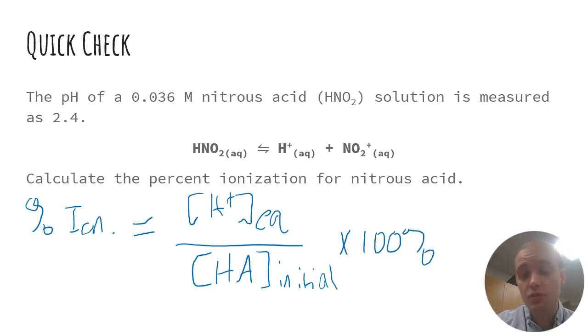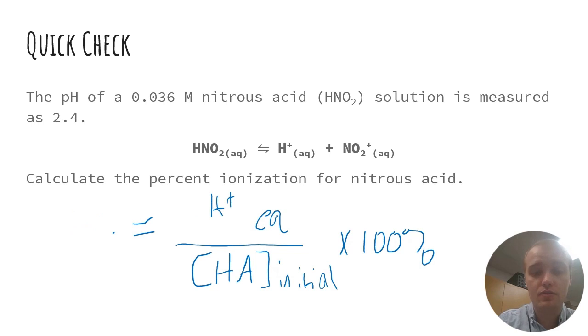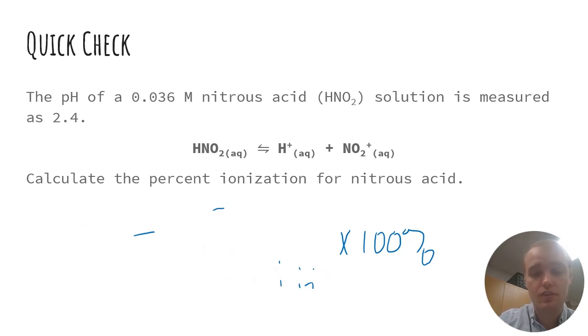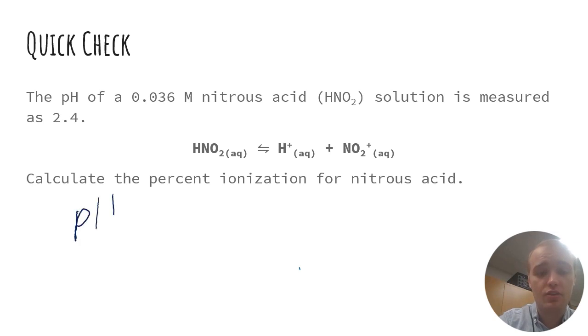Well, do I know what the concentration of H+ is? Right now, no. But I do have the pH, and I can use the pH to get my concentration of H+. So what I'm going to do, I'll erase this first. What I'm going to do is I'm going to use my pH to figure out, well, what is the concentration of H+. And so I'm going to say, well, my pH is equal to the negative log of the concentration of H+.